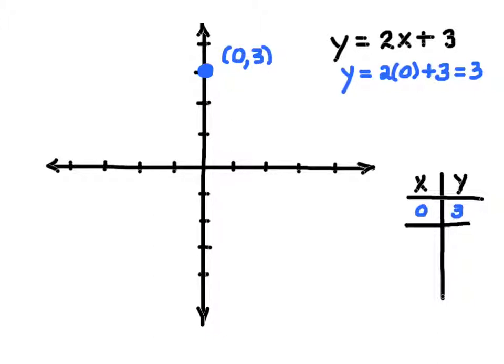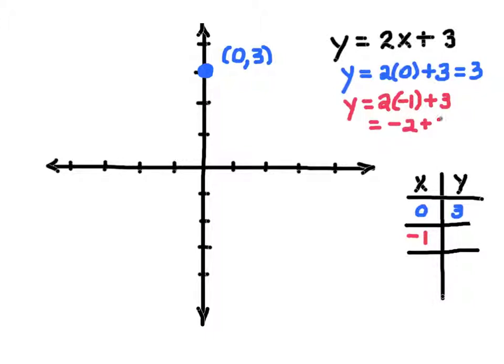Now I'm changing colors to red, and let's find the value of y when x is negative 1. So, what is y when x is negative 1? It's 2 times x, or 2 times a negative 1, plus 3. Well, that's equal to a negative 2 plus 3.